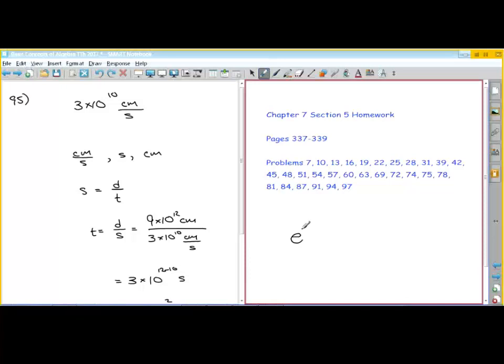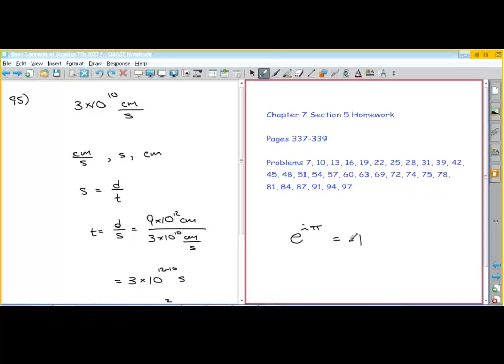Here's one of the interesting ones: e to the i times pi is equal to -1. It takes a little while to explain that. But yes, there's an example of where you have an imaginary exponent.